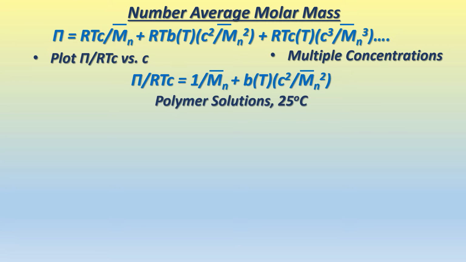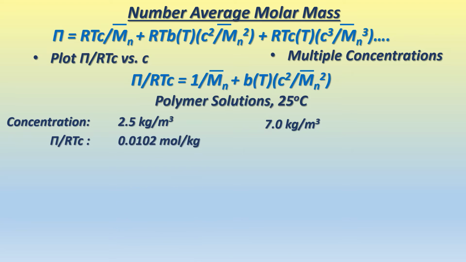So if I have a given polymer solution at 25 degrees C, for example, just using 2 points on the line. The first one has a concentration of 2.5 kilograms per meter cubed. The second one, 7 kilograms per meter cubed. The left side of the equation, pi over RTC, comes out as 0.0102 moles per kilogram for the first solution, 0.0145 moles per kilogram for the second solution.